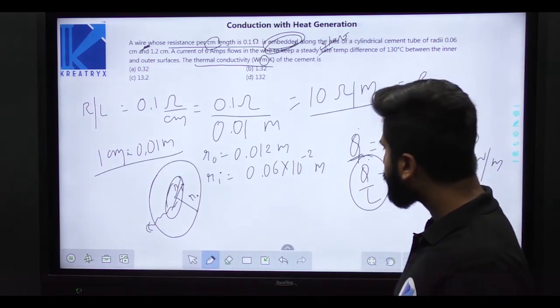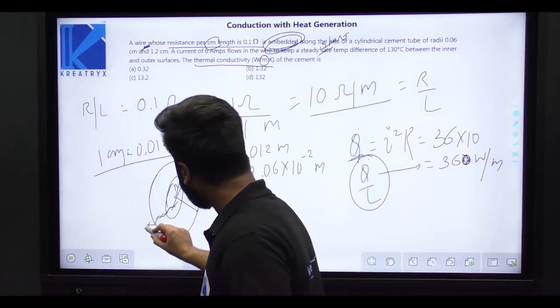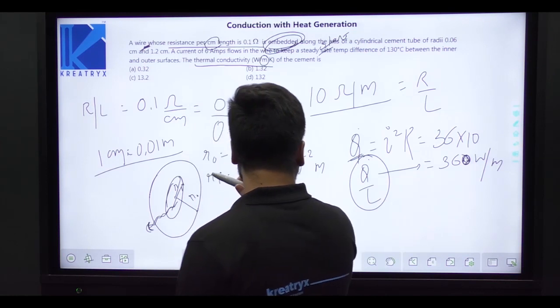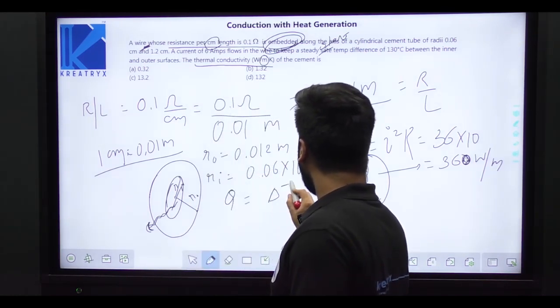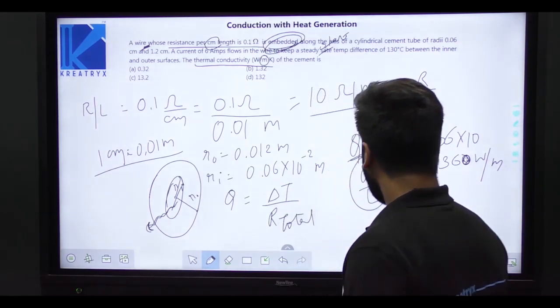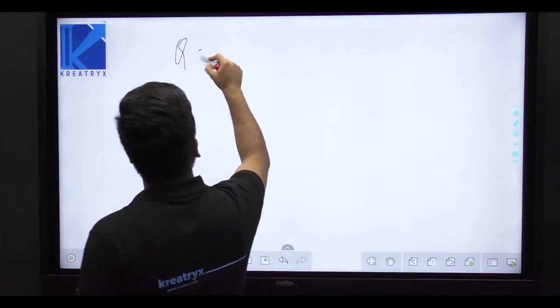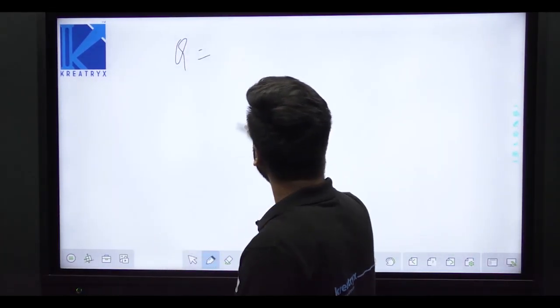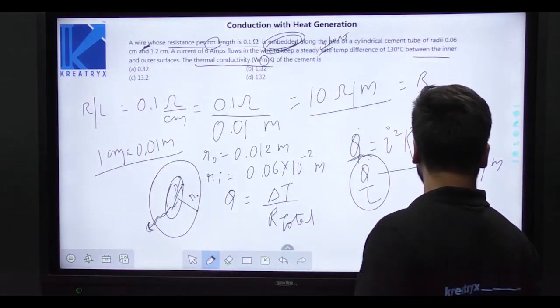Take care of the units. This is actually conducted by this cylindrical shell, and Q will again be equal to delta T by R total. Delta T, the temperature difference between the inner and outer surface, is 130 degrees Celsius.